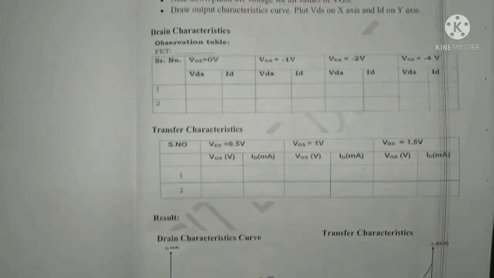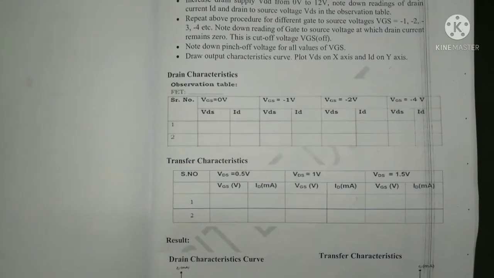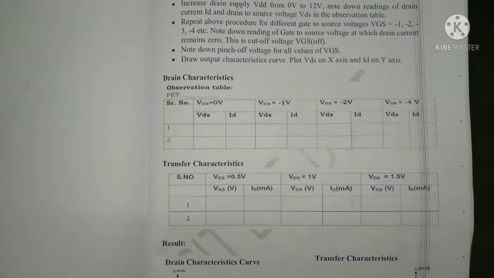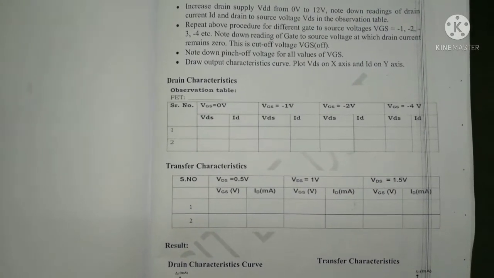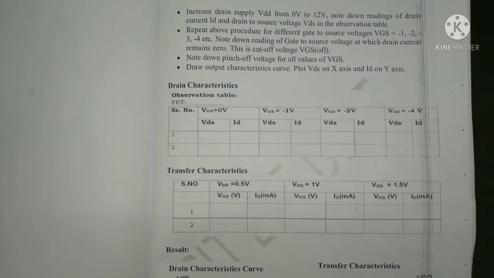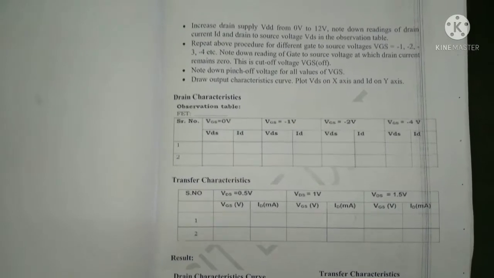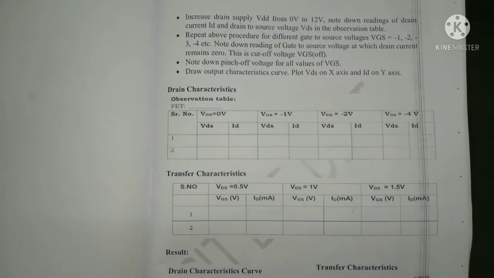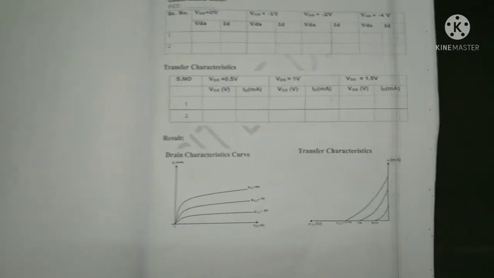And the second observation table is the observation table of transfer characteristic. In case of transfer characteristic, at different drain source voltage we find out the relation between the gate source voltage and drain current. Okay, so then after that we write down the result.